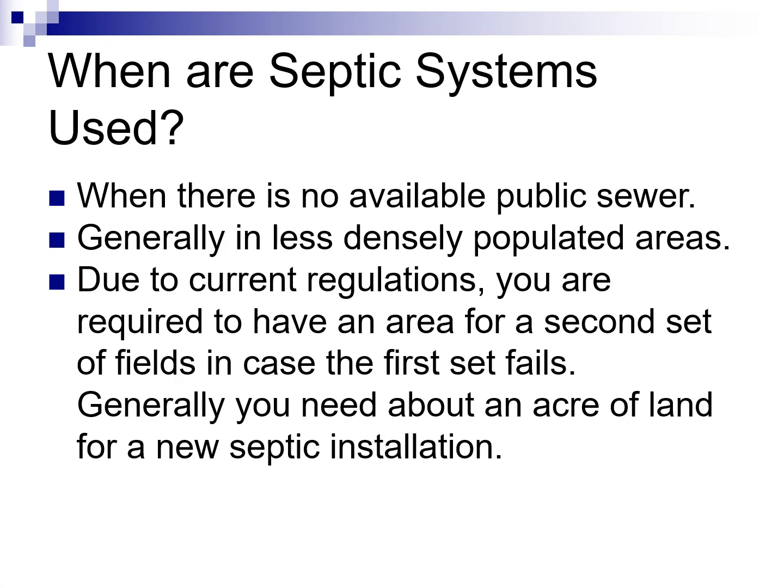If you live somewhere where the houses are an acre or 2 acres apart from each other, you may have a septic system. Due to current regulations, you're required to have an area for a second set of fields in case the first set fails. So generally, you'll need about an acre of land for a new septic installation.